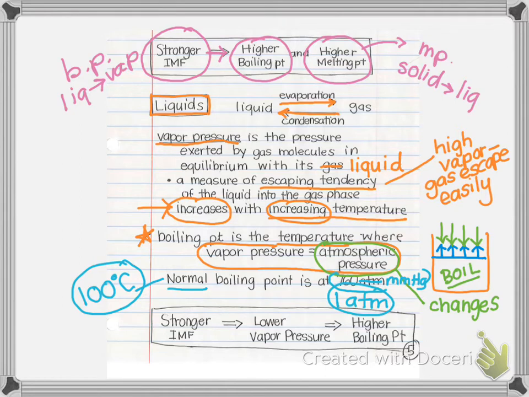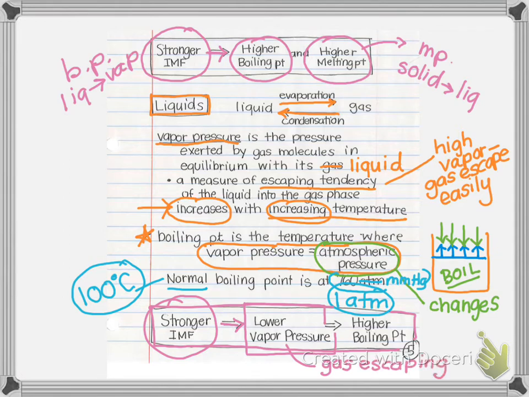So back to intermolecular forces and how they affect vapor pressure. Intermolecular forces have an effect on vapor pressure: the stronger they are, the lower the vapor pressure is. It makes sense because vapor pressure is gas escaping, and if you're held together tightly with a strong intermolecular force, then fewer gas molecules escape.